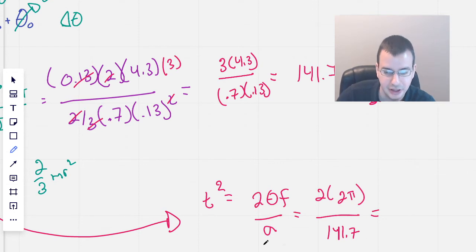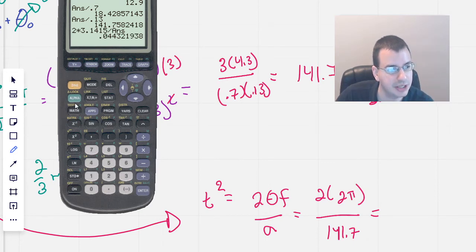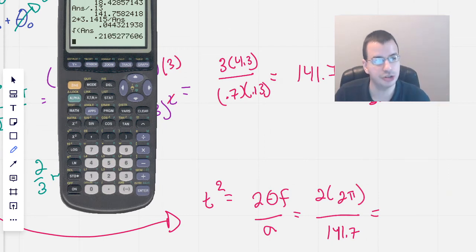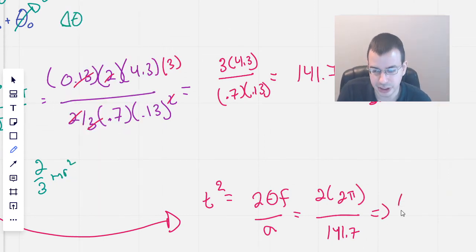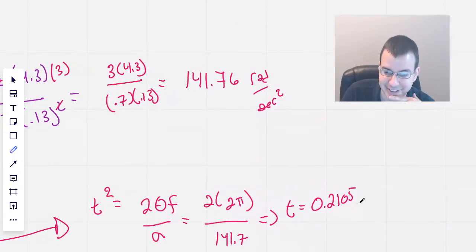So we do 2 times 3.1415, divided by the previous answer. That's going to be our t squared. Square root of that, and we get 0.2105. T equals 0.2105, measured in seconds.